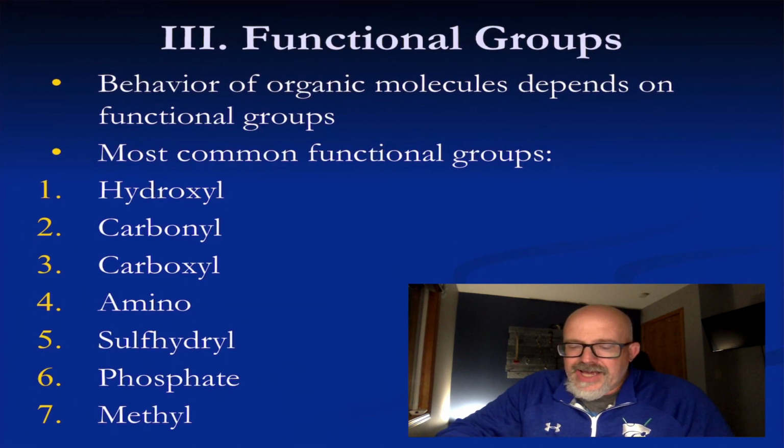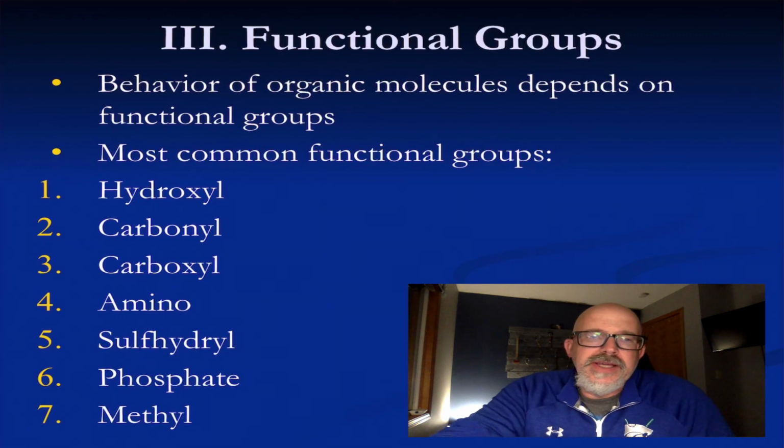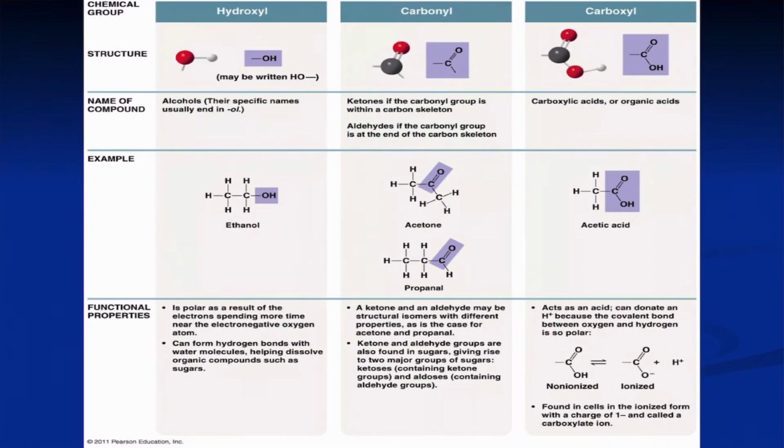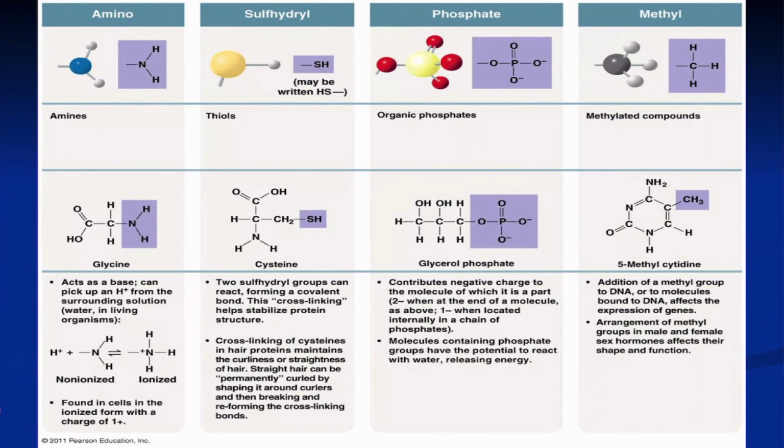You're not going to have to draw these out of memory. What I just threw on here was page 64 in your text, the document with the different ones that you'll look at, and you just want to be familiar with these: hydroxyl, carbonyl, carboxyl, and the other ones as well.